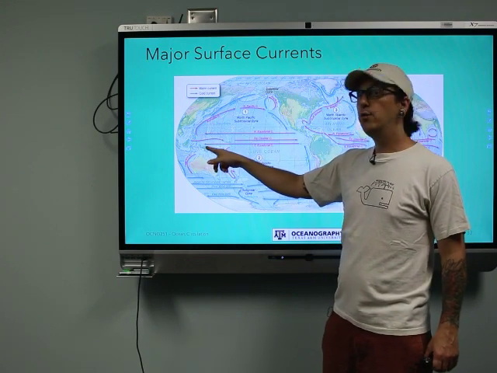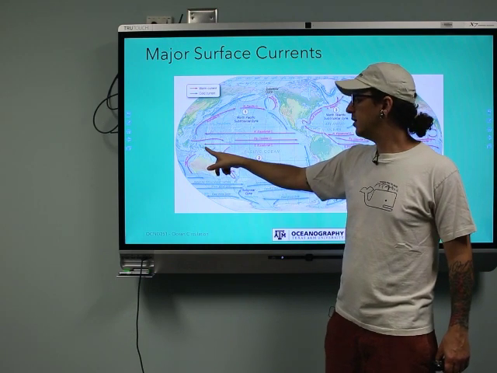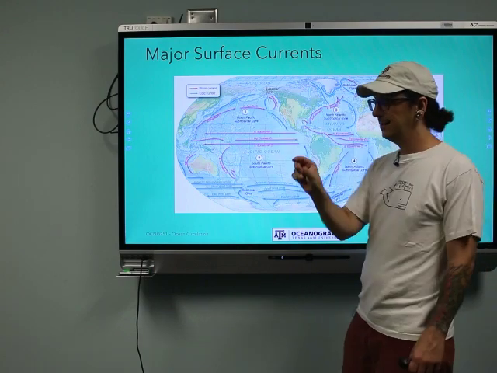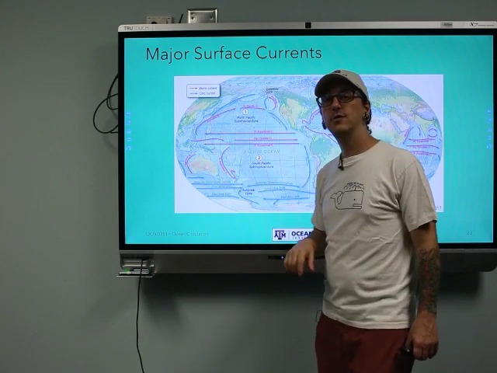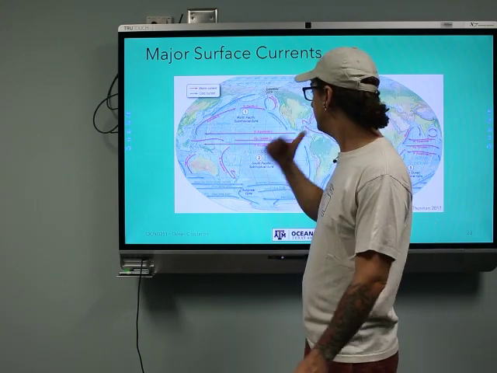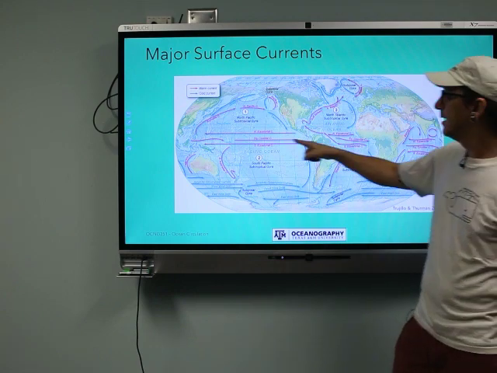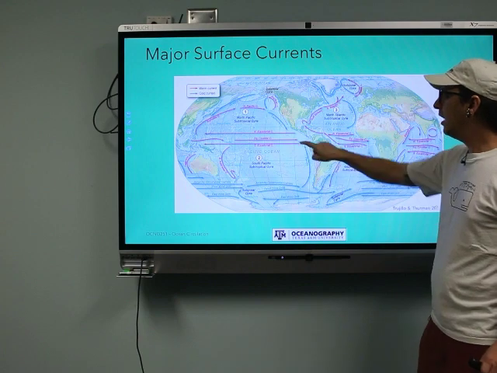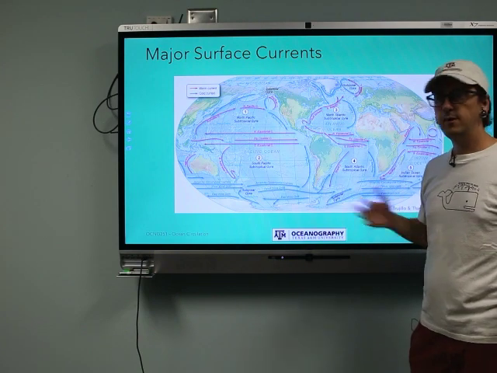It has nowhere to go because Coriolis won't let it, and so it literally sneaks back in between, just a thin band in between these equatorial currents, and that is called the equatorial countercurrent because it's going against the grain. They're out of step. Does that make sense? Hopefully that makes sense.